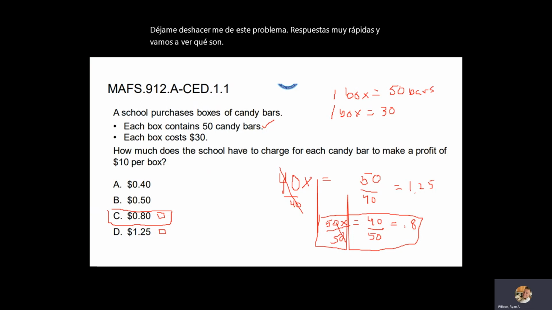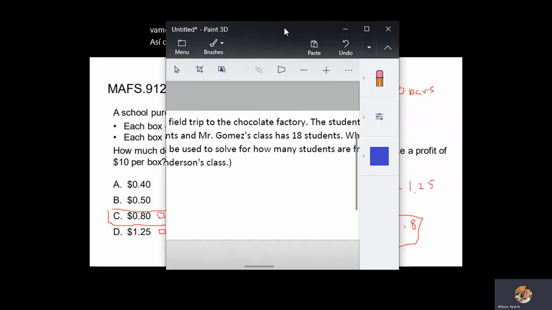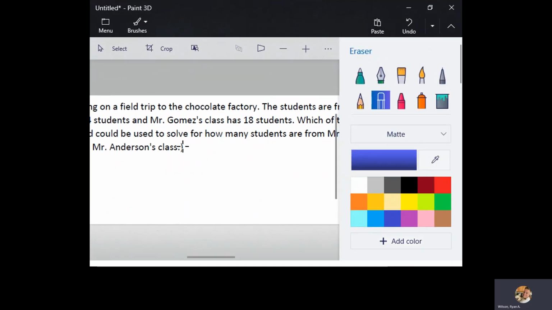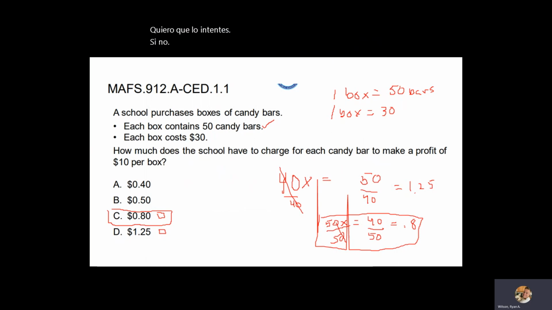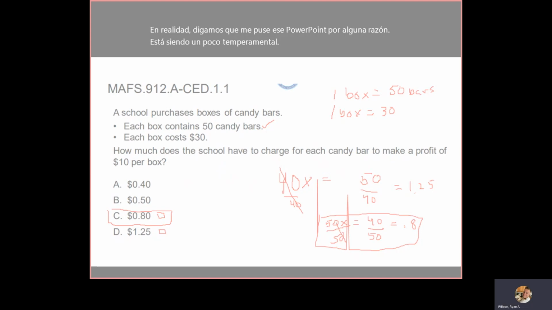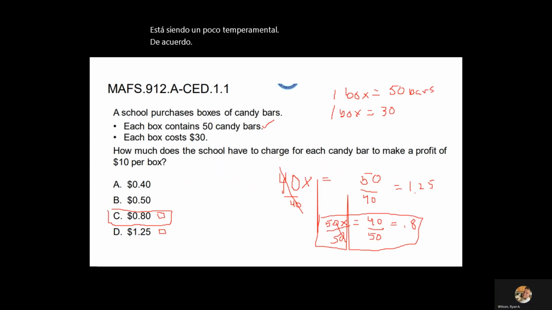So on the back side of that yellow sheet, I don't want you to write the problem, but I want all of you to read this problem really quickly. I want you to attempt it. Actually, give me one second. I'll put it up on a PowerPoint. For some reason, it's being a little temperamental. Bear with me.